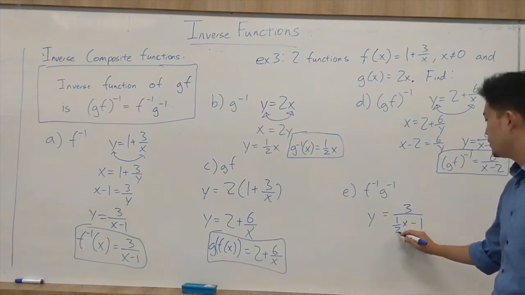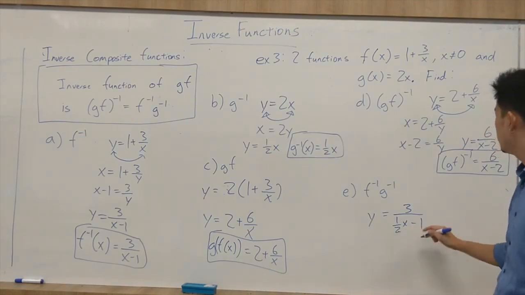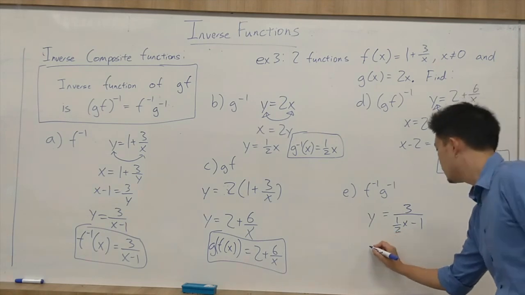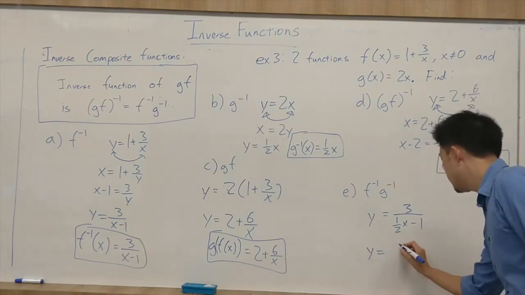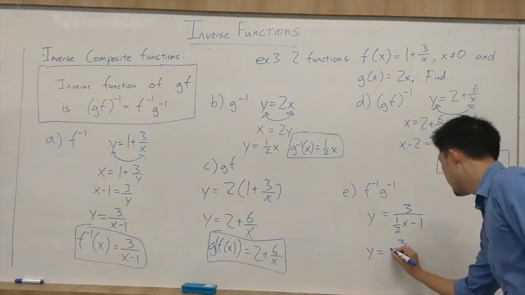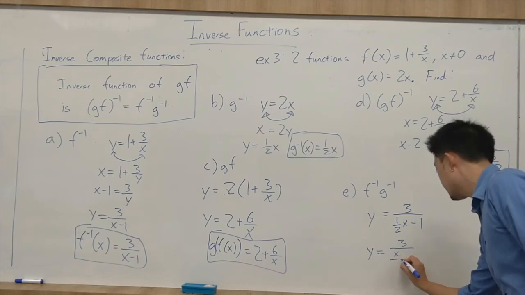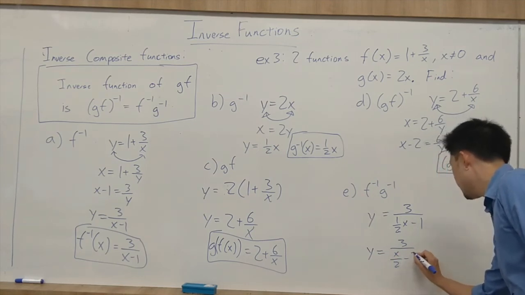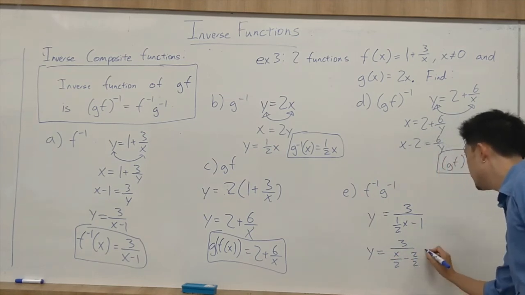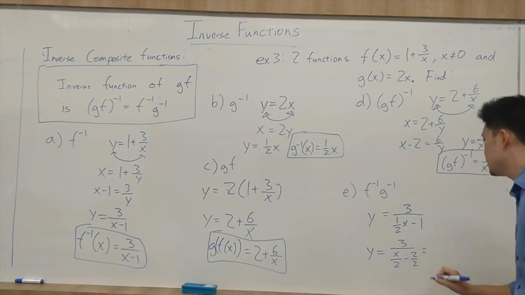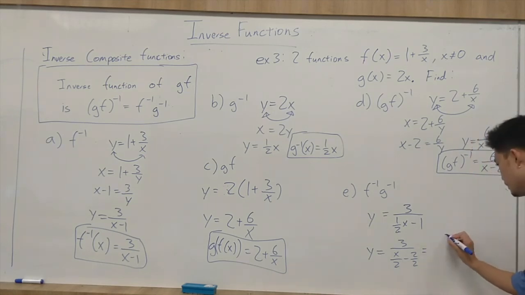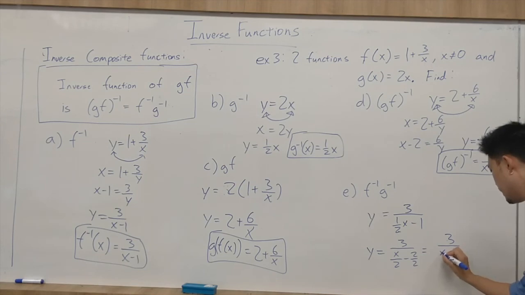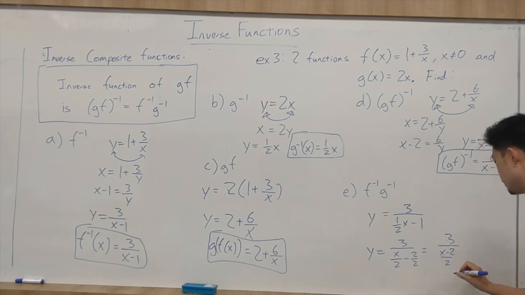And I'm going to simplify. y equals 3 over x over 2 minus 2 over 2, which is going to equal 3 over (x minus 2) over 2.